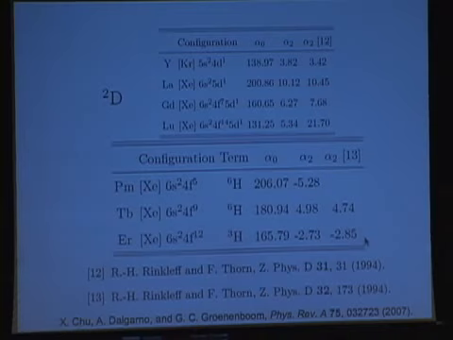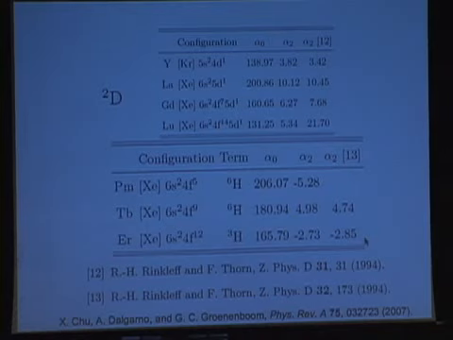So the way to rationalize this really large experimental value is probably that once this F shell is completely filled, it becomes particularly pulled towards the nuclear core. We don't know whether or not that's the case, but that's the way to rationalize it.